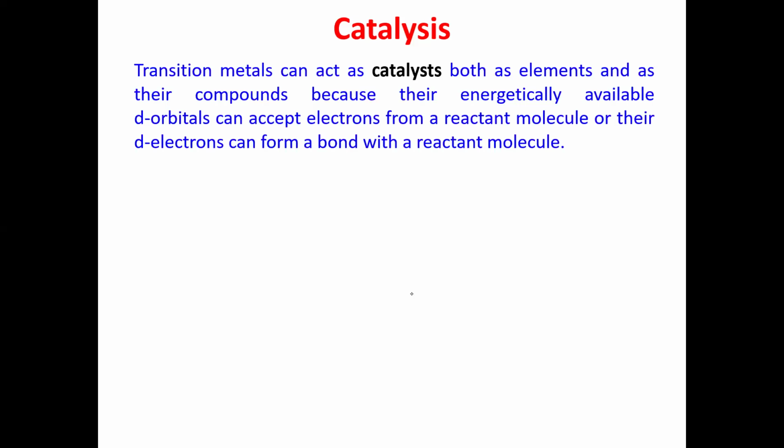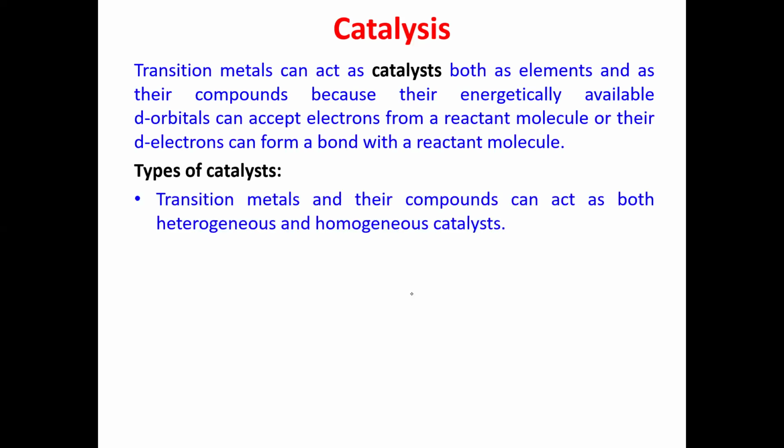Catalysis. What is catalysis? Catalysis means that you have to speed up the reaction. Why do we always talk about transition elements being a catalyst? Because they have d orbitals. They can offer both types of catalysis, I mean homogeneous and heterogeneous. Metals and their compounds can act as both.